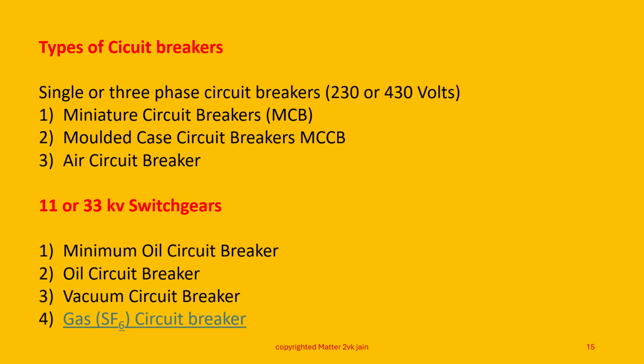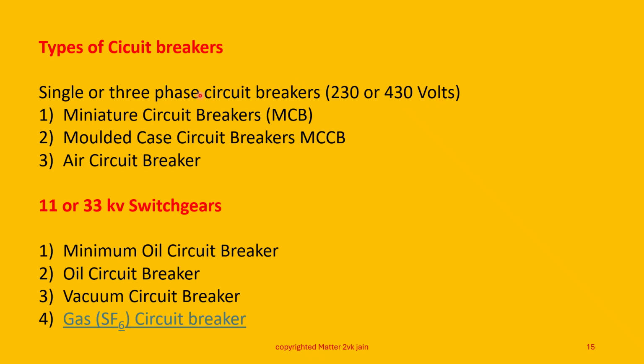Friends, once again we are discussing types of circuit breakers. The circuit breakers may be single or three-phase units. That means in case of single phase it is 230 volts, and in case of three phase it is 430 volts rated.